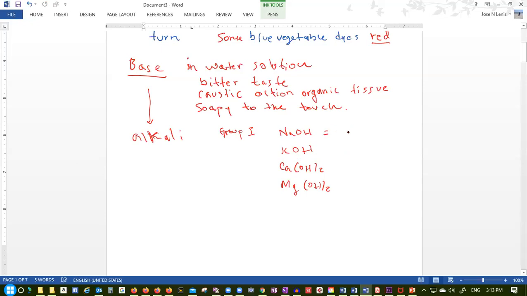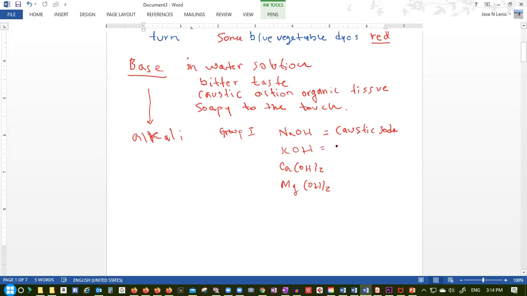These are strong bases. They have common names. Sodium hydroxide has been known since medieval age as caustic soda. What about KOH, potassium hydroxide?